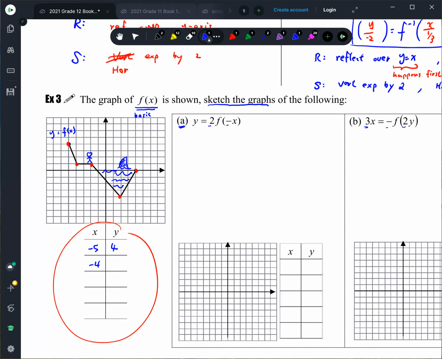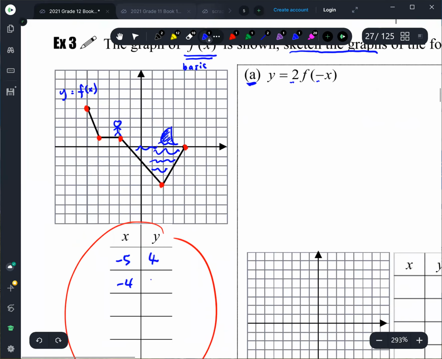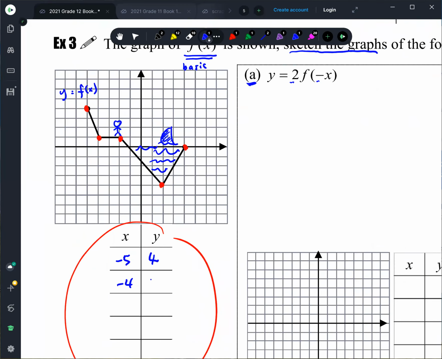What's the y? 3. Y is 3. Where's that point? From left to right, okay? -4 and 4.